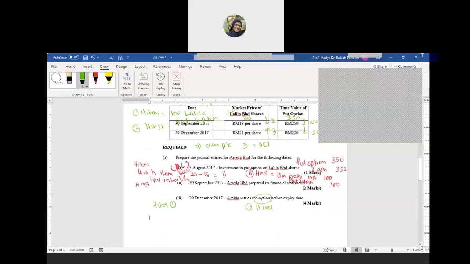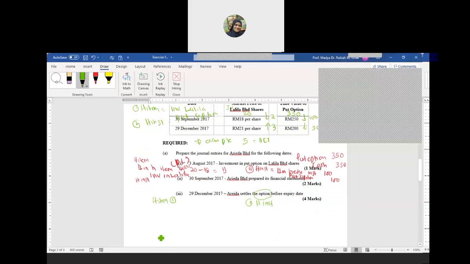So now I'm going to look at the settlements. Okay, we're going to prepare the journal entries here, and then the next one we're going to have for settlements. What will be your journal entries here? Okay, for the H items, what will be the one that you have here?